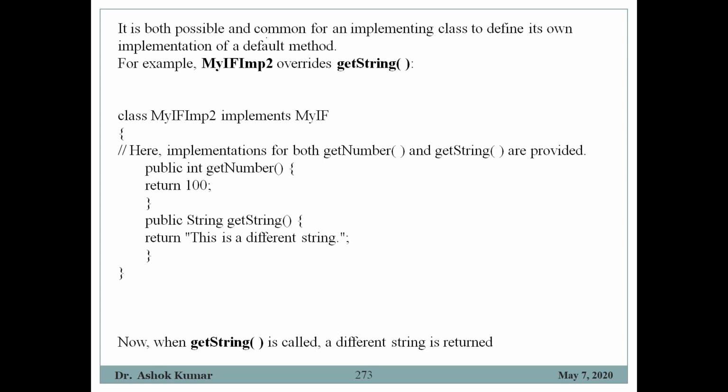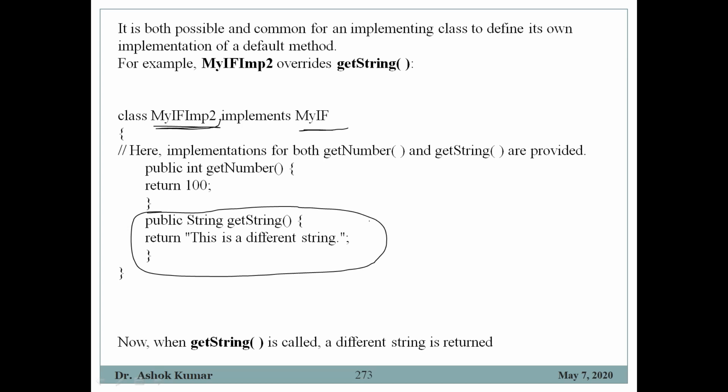So here is the next example. In this example, we have another class, my implementation 2. We are implementing my interface that we discussed on the previous slide, and in this class we are overriding the get string method of the interface.